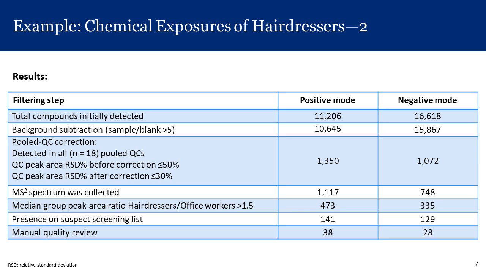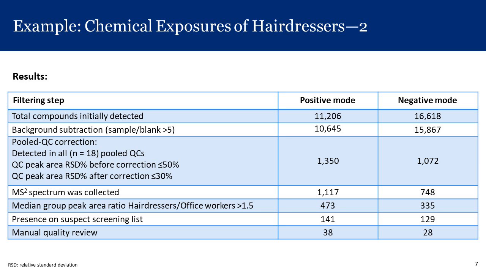Once we used background subtraction, comparing the compounds we detected with those in a blank sample, and only looking for compounds present in our samples in at least 5-fold higher amounts than in our blank, you see that these numbers go slightly lower. So about 600 in positive mode and about 800 in negative mode were attributed to just background.